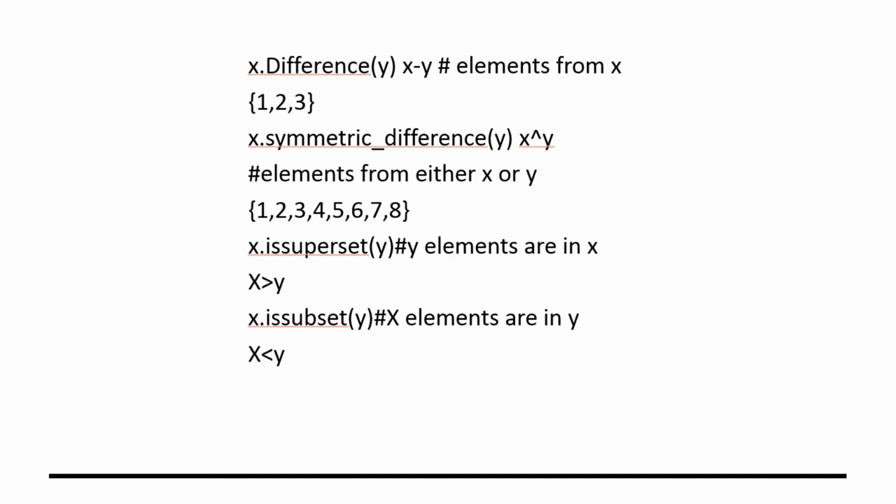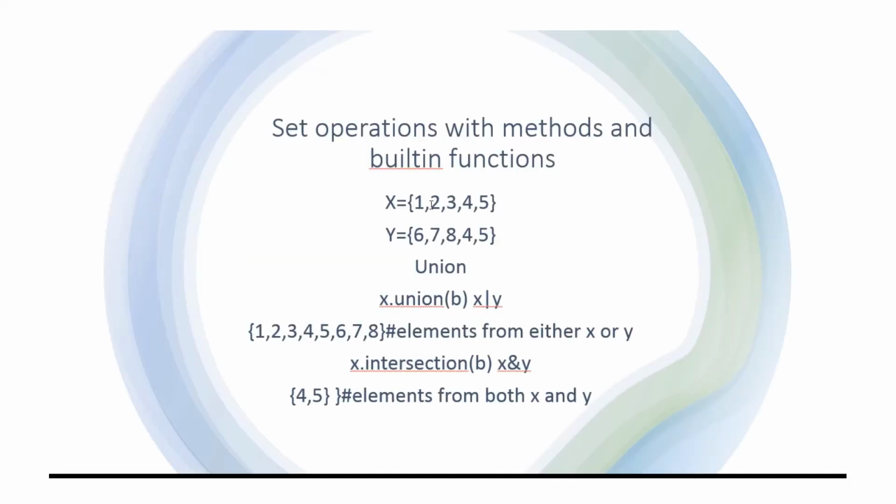In this example we are having 1 2 3, because only the x elements you will be getting as output. We have to subtract all the y elements from x.